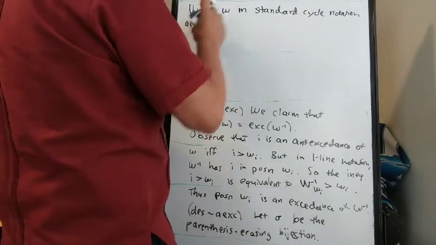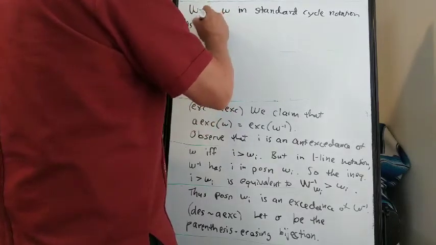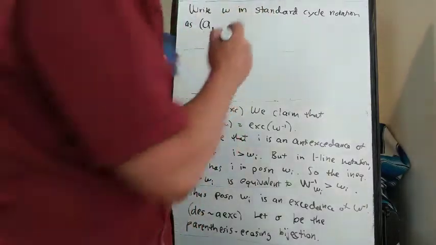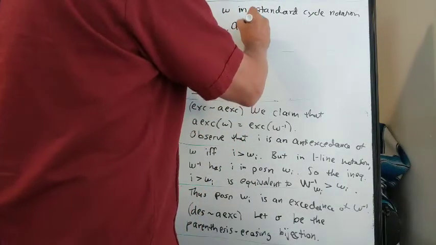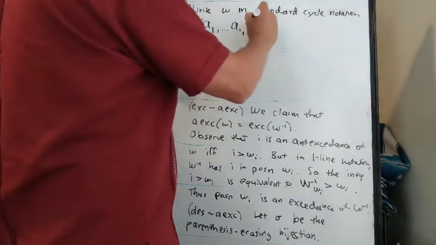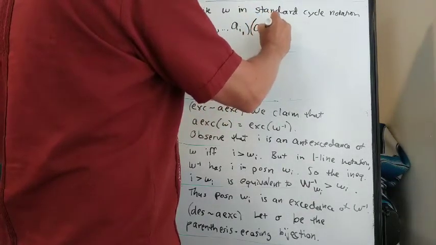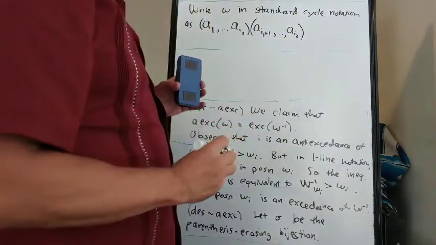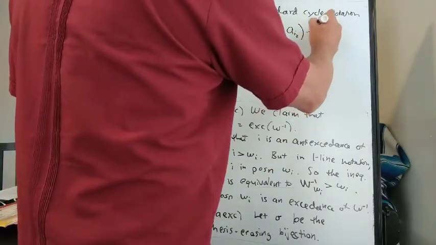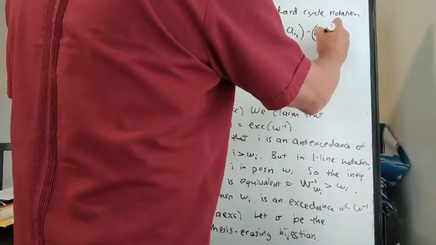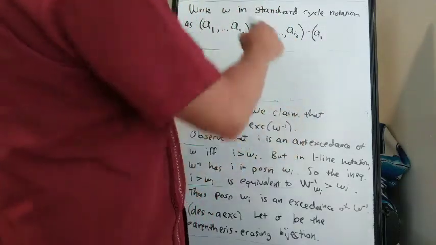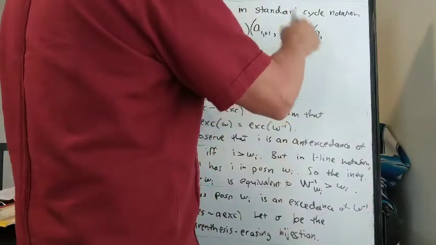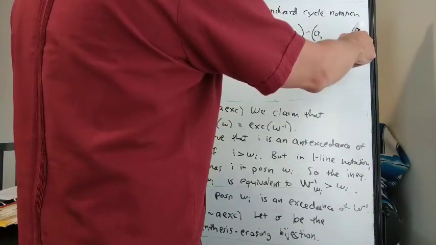As A1, maybe I'd better do this bigger. And let's use the index I1 for whatever is the end of that cycle. Then we'll have AI1 plus 1 through AI2. And the last cycle is going to be AI. If there are k cycles, the last cycle is going to end at AIK.